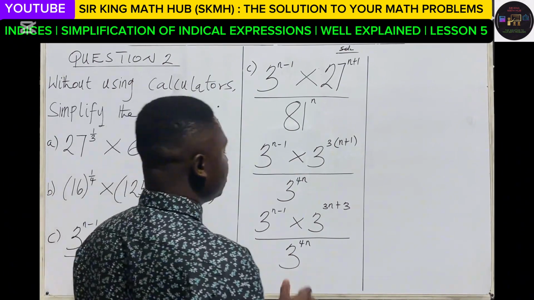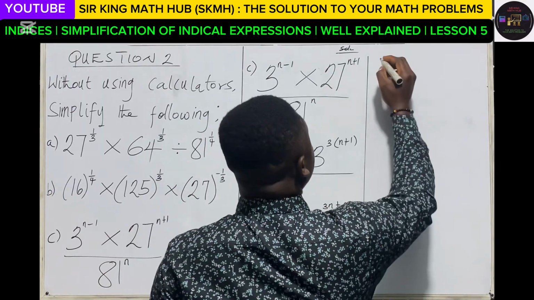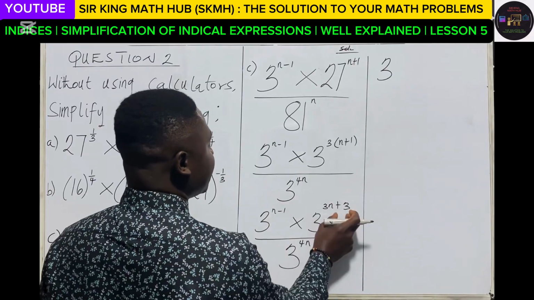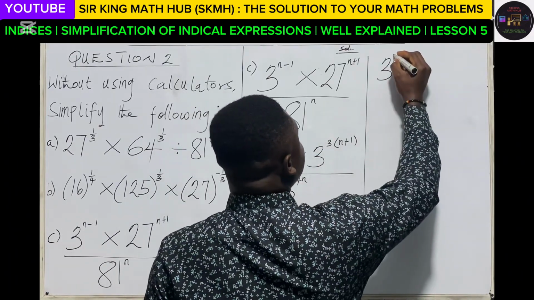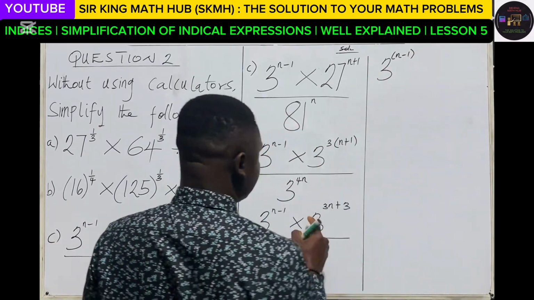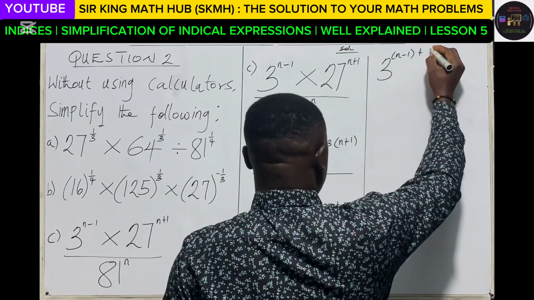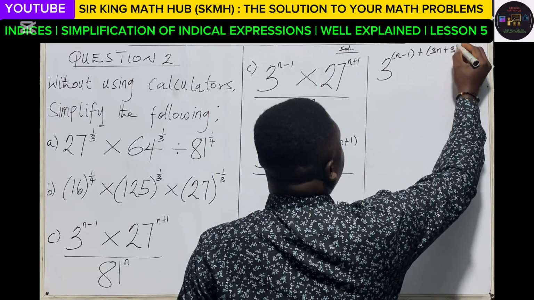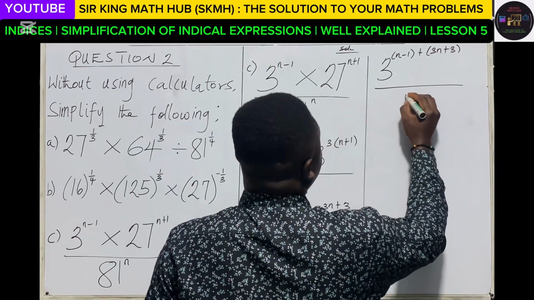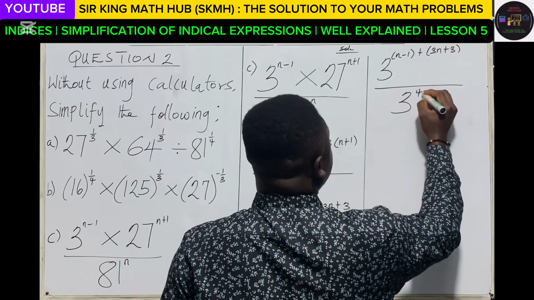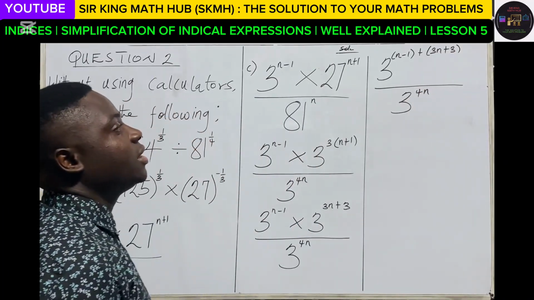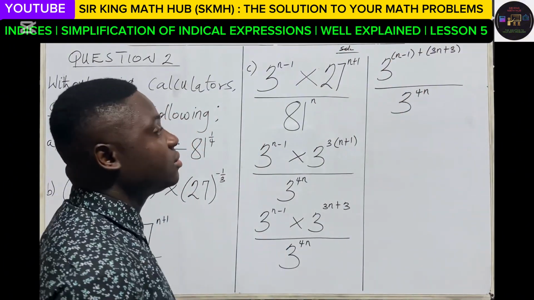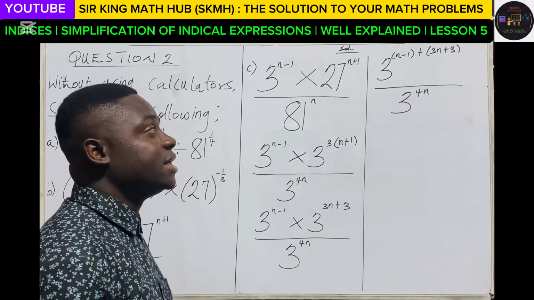So let's do that. Base 3, base 3. We write one of the bases and we add the index. The first index here is n minus 1 plus the second index 3n plus 3, divided by 3 exponent 4n. Again, we can rewrite this division as a single index.